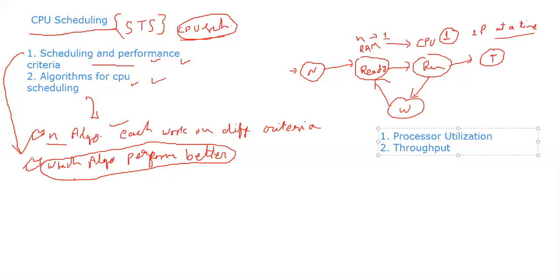Currently, because we are focusing specifically on performance criteria, let's leave it. Otherwise, it will probably take another 30 minutes. So that is throughput. Once again, throughput refers to the amount of work completed in a unit of time. Now, let's move to another criterion, that is turnaround time.